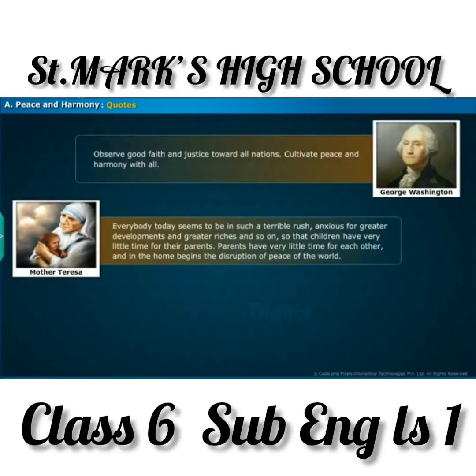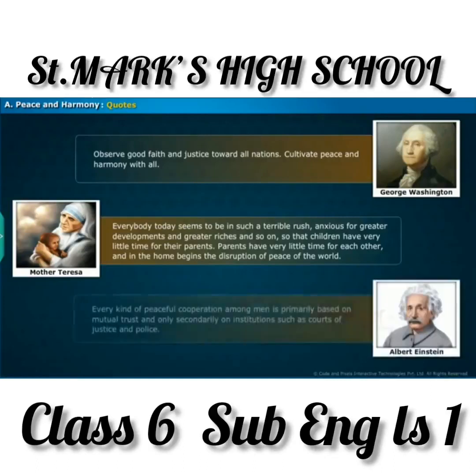Parents have very little time for each other, and in the home begins the disruption of peace of the world. By Mother Teresa. Every kind of peaceful cooperation among men is primarily based on mutual trust and only secondarily on institutions such as courts of justice and police. By Albert Einstein.